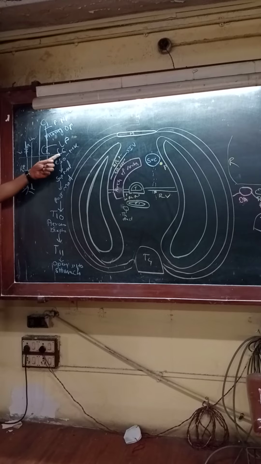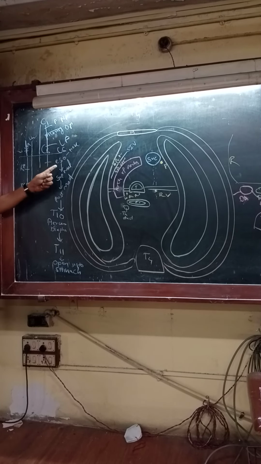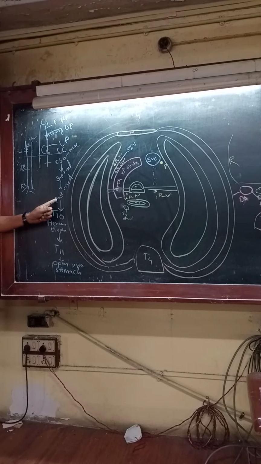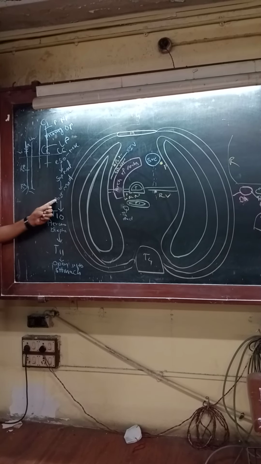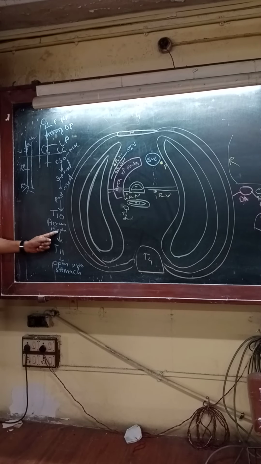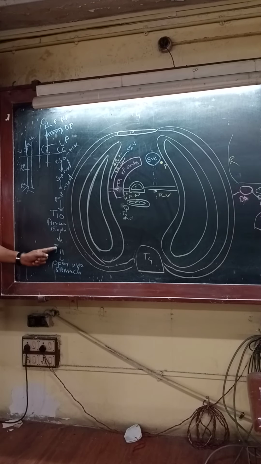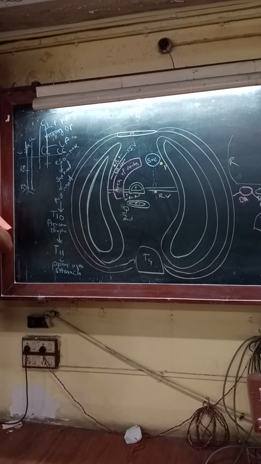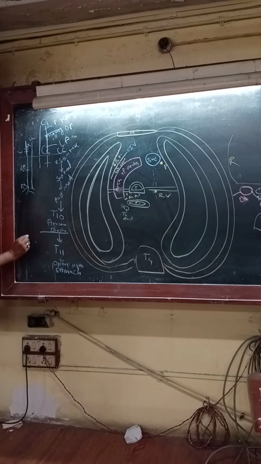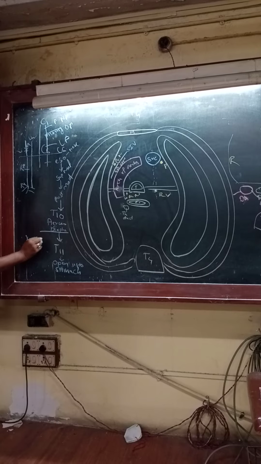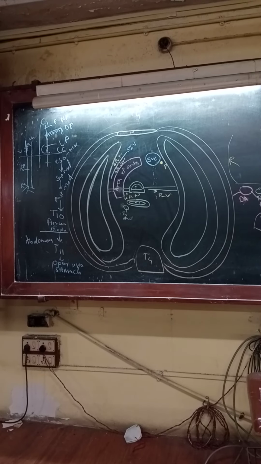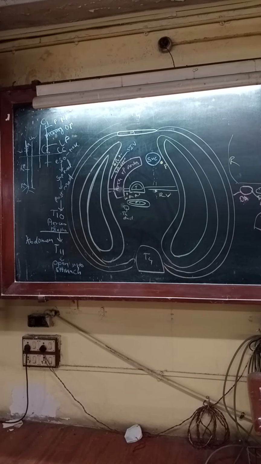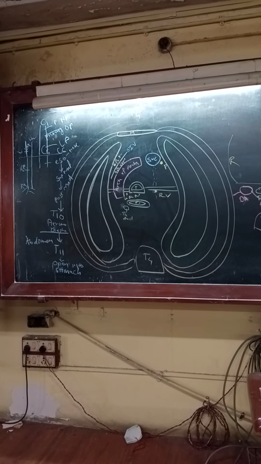So esophagus starts at C6, enters superior mediastinum, goes to posterior mediastinum, becomes the anterior most part of the posterior mediastinum. Then at T10 it pierces the diaphragm and at T11 opens into stomach in the abdomen. So here we have a structure whose anatomy you will study in the neck, in thorax, and in abdomen also.